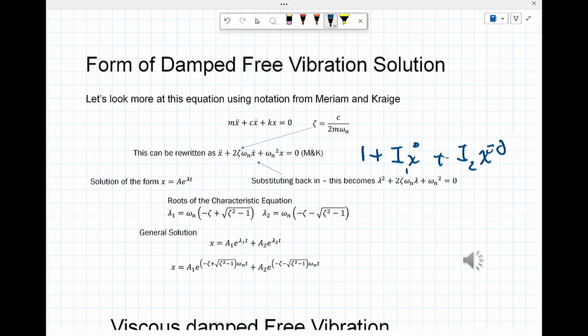I2 equals omega n squared. I1 is equal to 2 zeta omega n. And you want to write it in that form and not just depend on your free body diagram. Get the roots, you have a general solution. The general equation is written there.